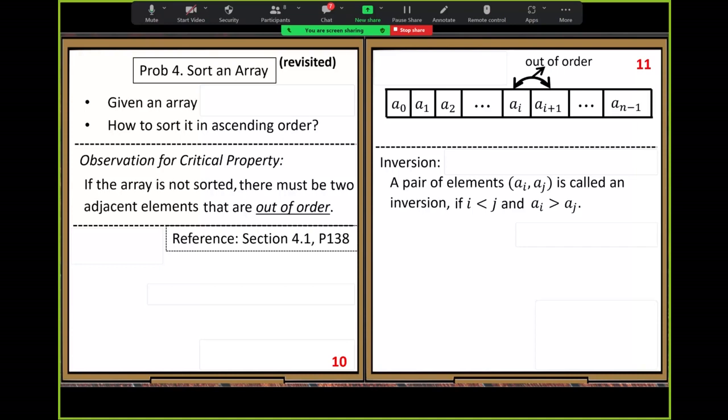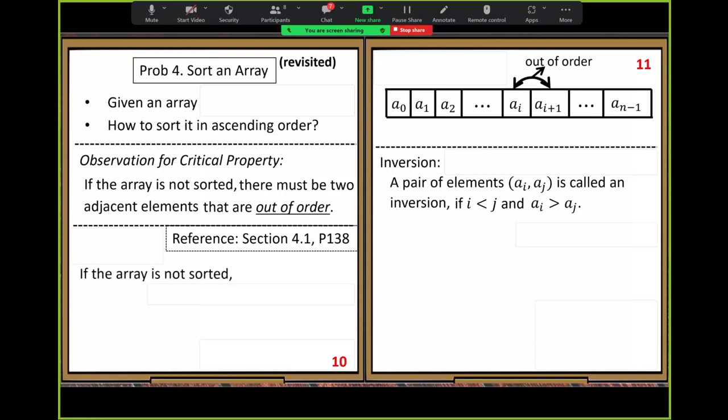The order of the subscripts is different from the order of their corresponding element values. If they have the same order, it's not an inversion. So they have opposite order. The subscript order and the element value order are different. That is an inversion.